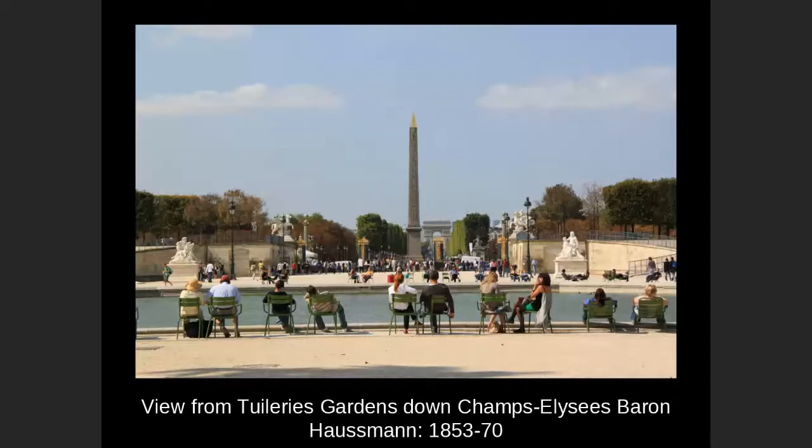And this is a photo I took in 2009 when I was there. This is at the Tuileries Garden. The obelisk, that's an Egyptian obelisk that was brought in, I think, probably by Napoleon when he invaded and conquered Egypt a few decades earlier.